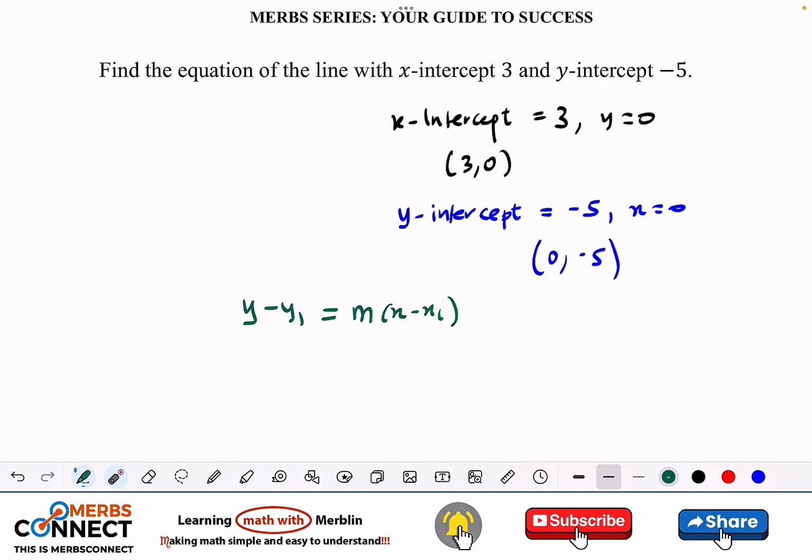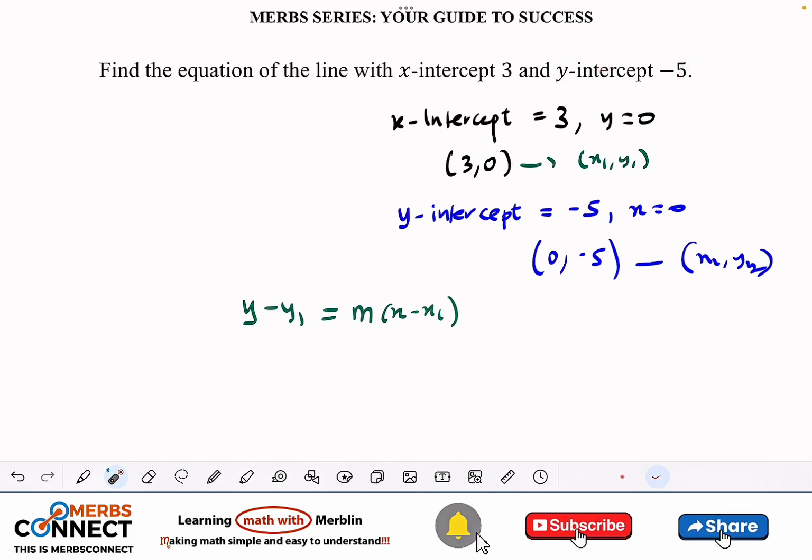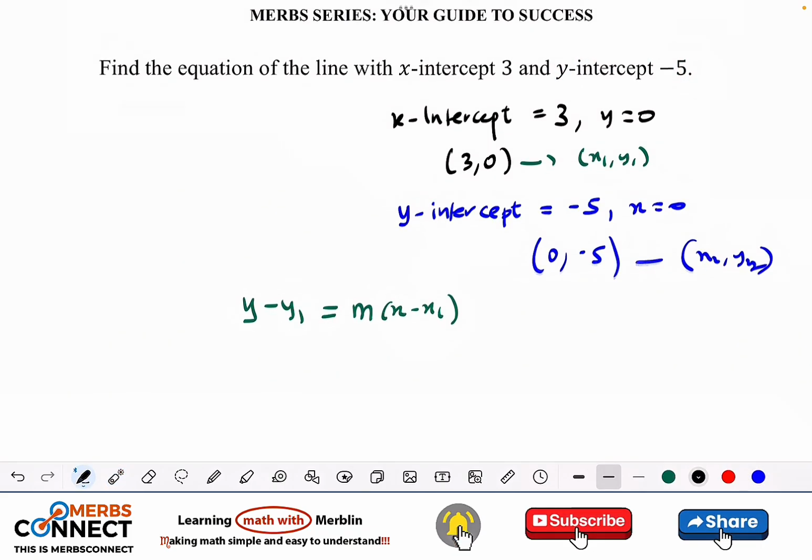So what we just need to do is, this can be this, or this can be this. So let me just put in here, this is x1 y1, and we can name this one as x2 y2.